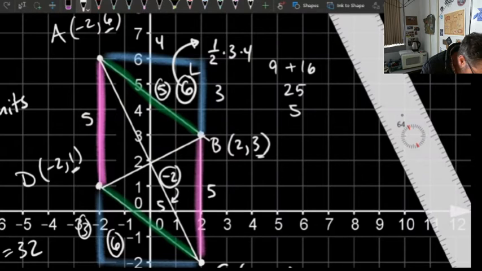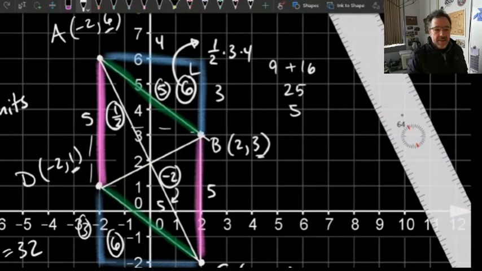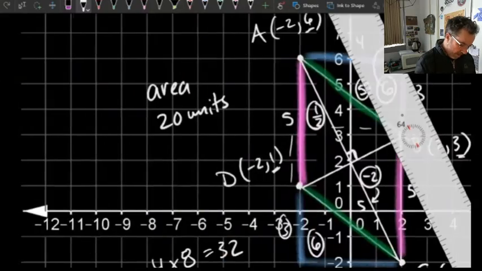This one is up 2, and then over 1, 2, 3, 4. Well, guess what? That has a slope of 1/2. Those slopes, 1/2 and -2, are opposites and reciprocals, because when I multiply them, I get the number -1. I know that these diagonals form a right angle.